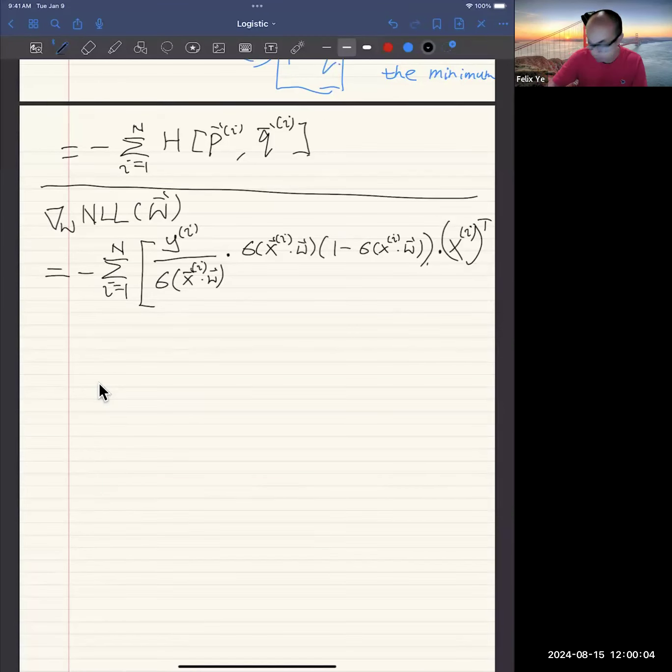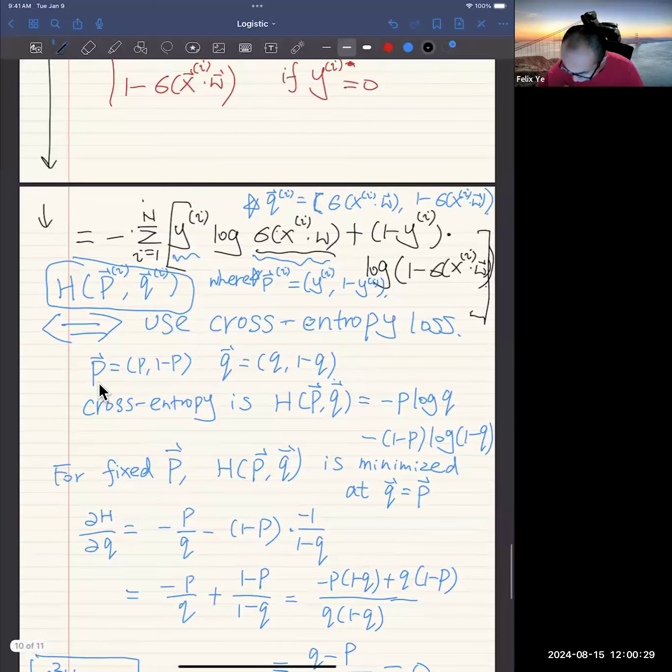Okay. So you can do very similar things for the bottom one. This is 1 minus yi divided by 1 minus sigma of xi w. So we do similar things, but right here we take the partial derivative with respect to 1 minus sigma.